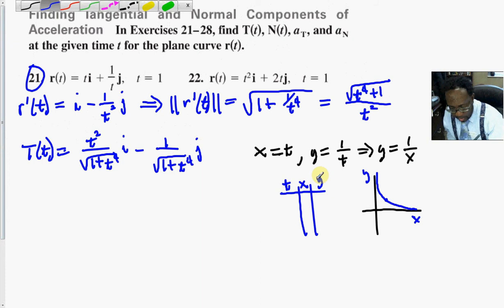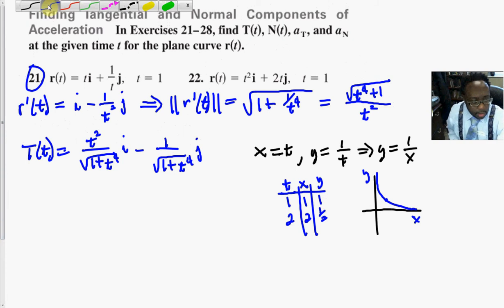Let's find the direction. t cannot be 0. Start at 1. 1 for t, x is 1, and then y would be 1. Then say 2 for t and 2 for x, and we get 1/2.